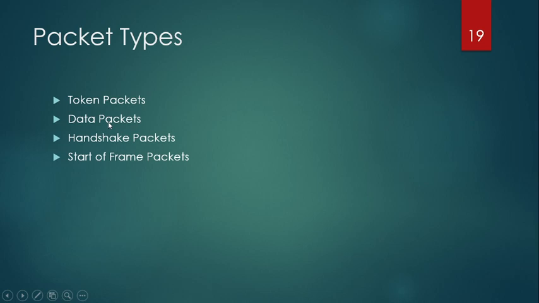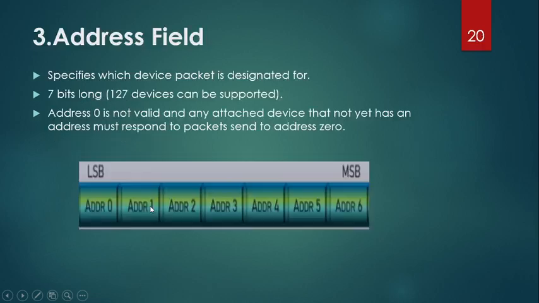The actual data or payload is carried in the data packet. For acknowledgement and for reporting of errors, we use handshake packets. The start of frame packet, as the name indicates, signals the start of a new frame. These are the several types of packets supported by the USB protocol.